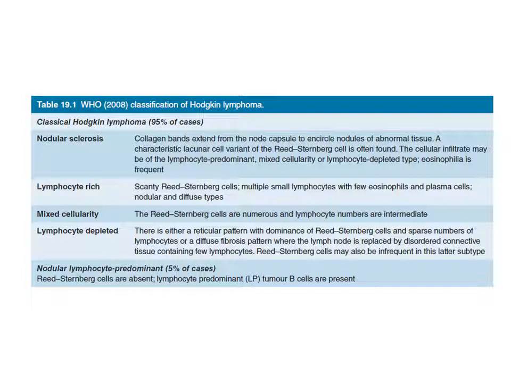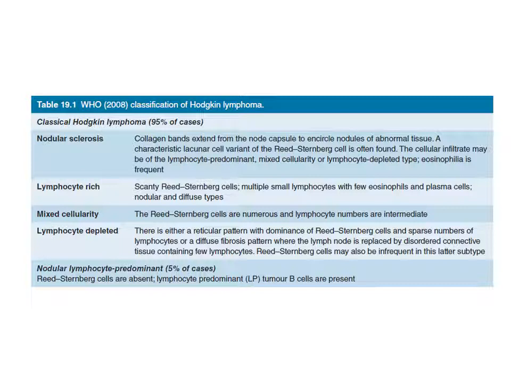In nodular sclerosis, what are the features? Collagen bands, and I will show you these pictures when we see the histology of these lymph nodes. Collagen bands extend from the node capsule to encircle nodules of abnormal tissue. A characteristic lacunar cell variant of the Reed-Sternberg cell is often found.